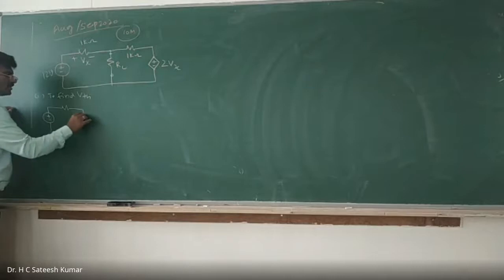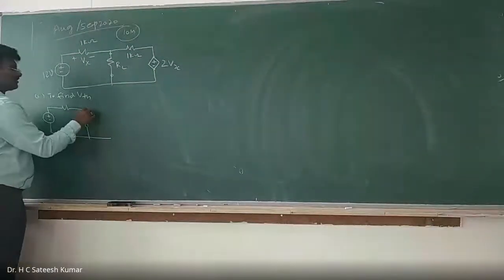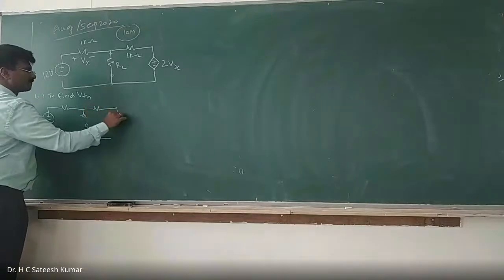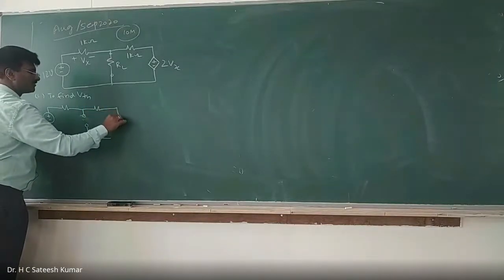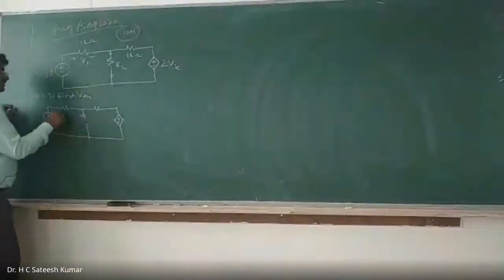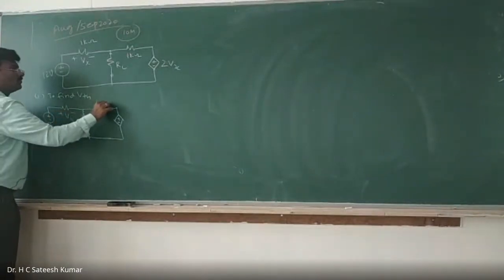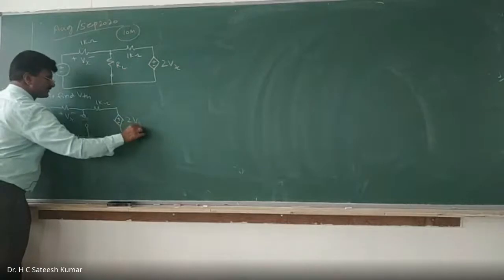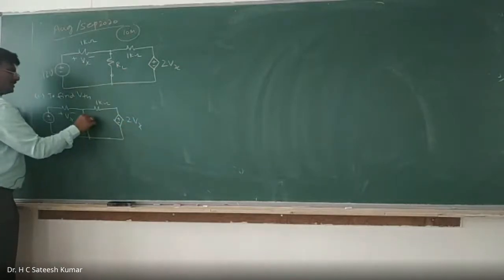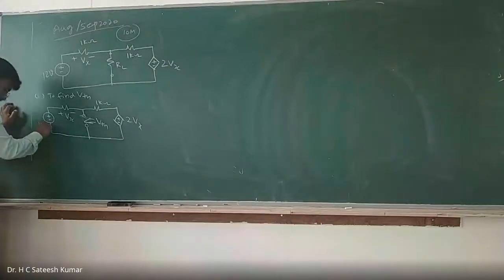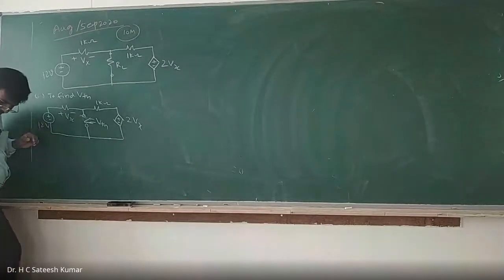You keep it open because the load resistance is there. Plus minus Vx, 1 kilo ohm, 2 Vx, and this is your VTH. Thevenin's voltage, 12 volts. 12 volts is there.